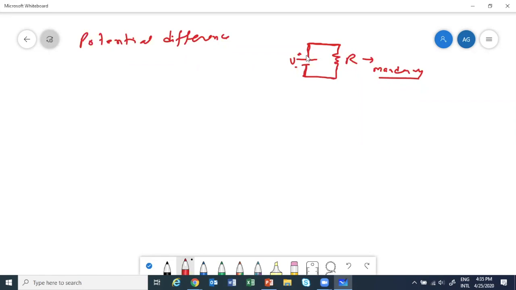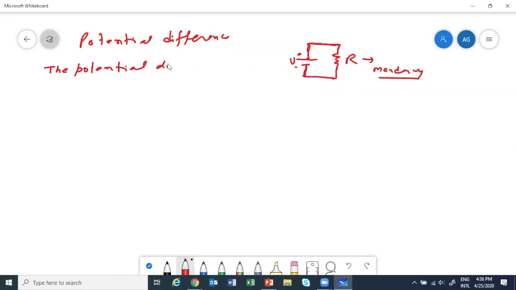So the potential difference between 2 points in an electric circuit is defined as the amount of work done in moving a unit charge from one point to the other point. I hope you students remember this definition.